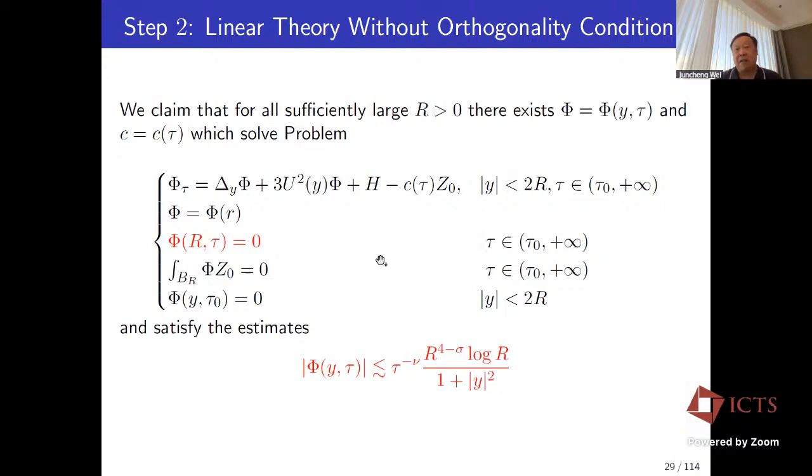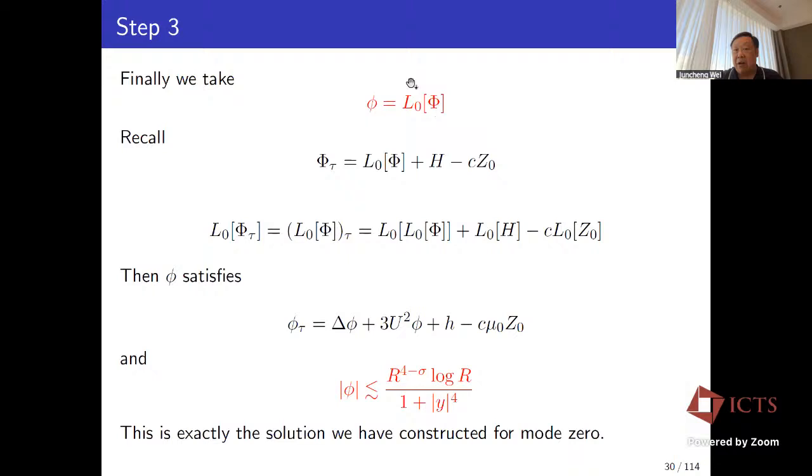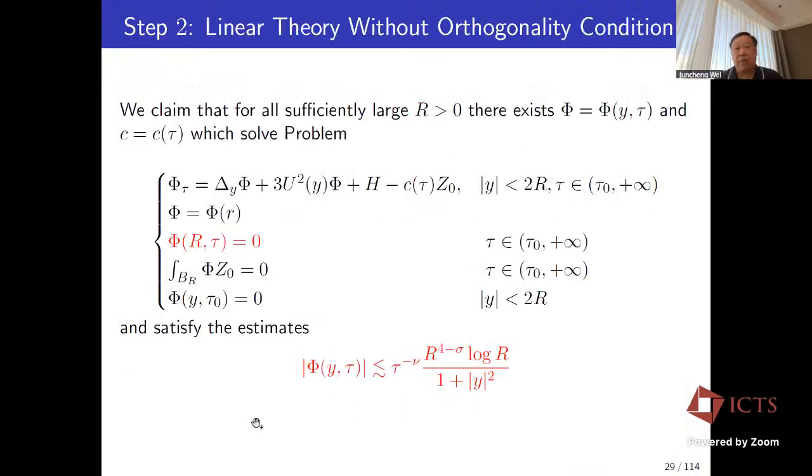Once you find this solution, you just take L0 of it, and this will solve your original equation. So the three steps are very easy to do. Now the only problem is problem 2. How to find a good solution for this problem without orthogonality?